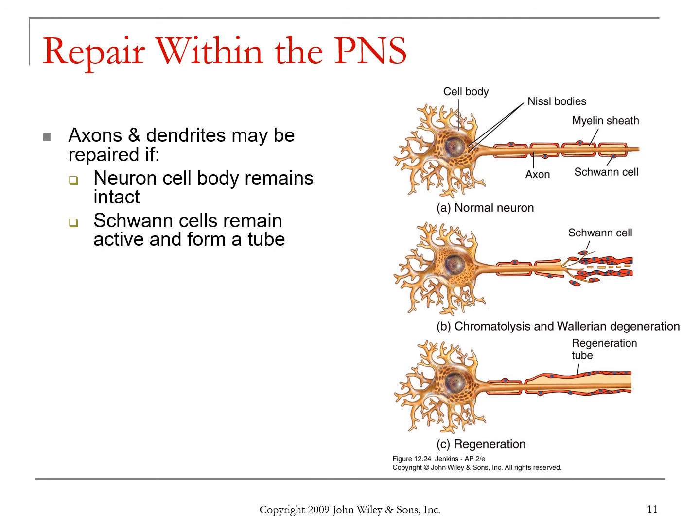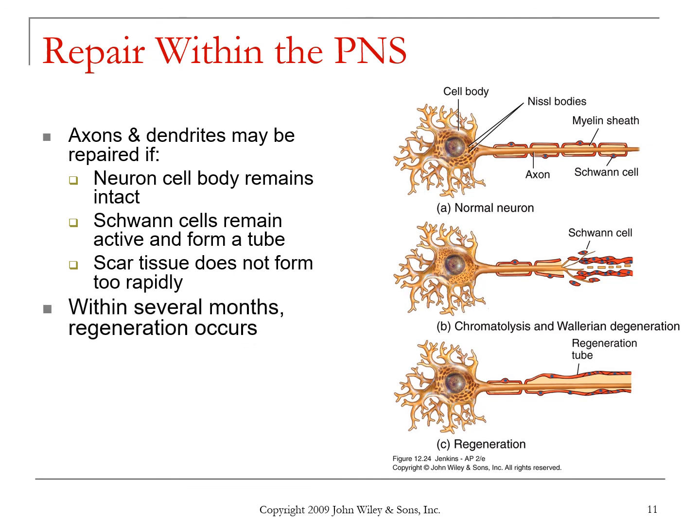So number one, the cell body remains intact. Schwann cells remain active and form a regeneration tube. Scar tissue does not form too rapidly to block repair and regeneration of the axon.